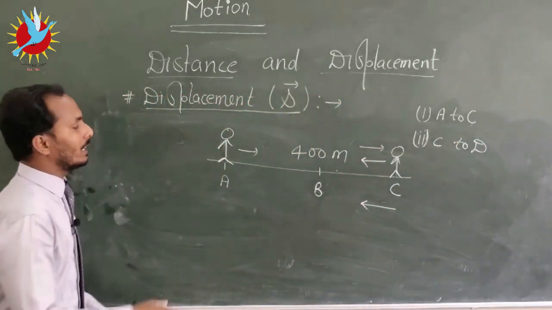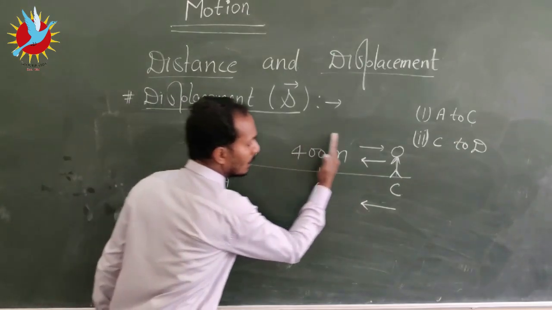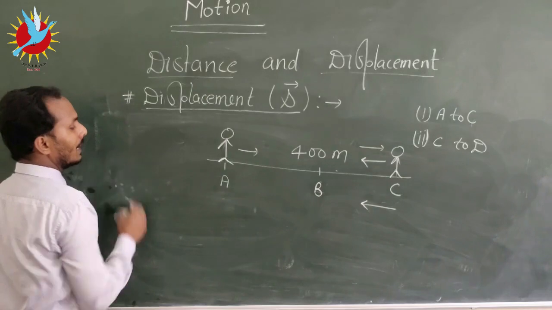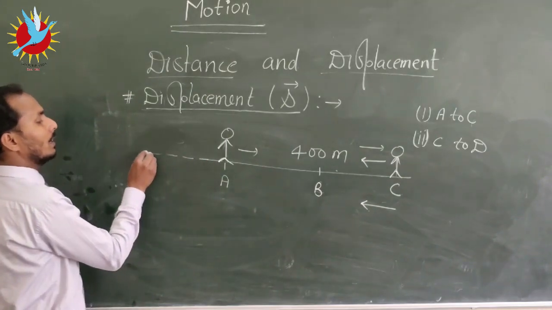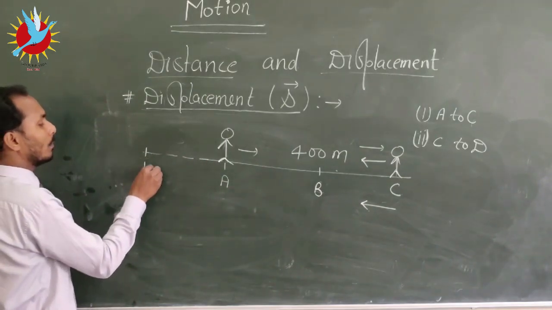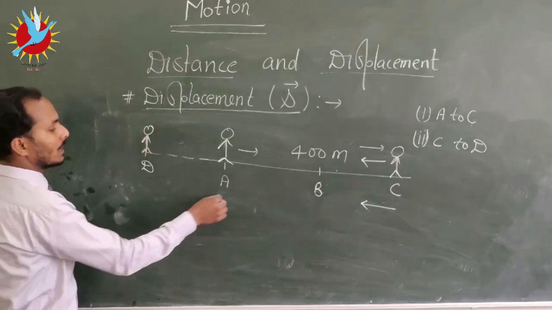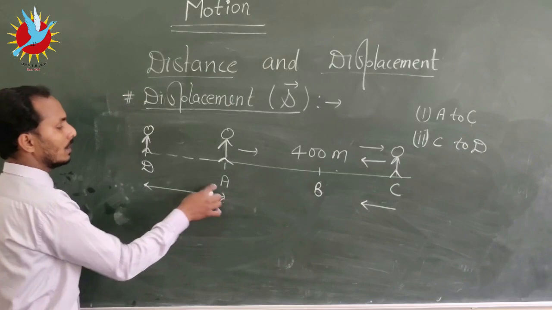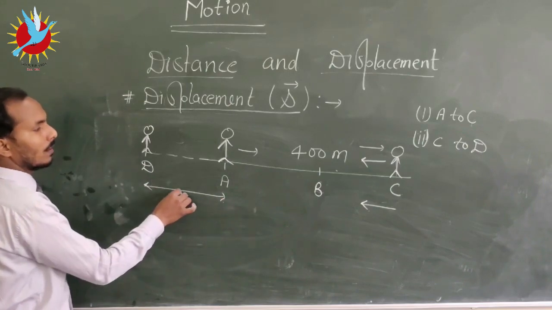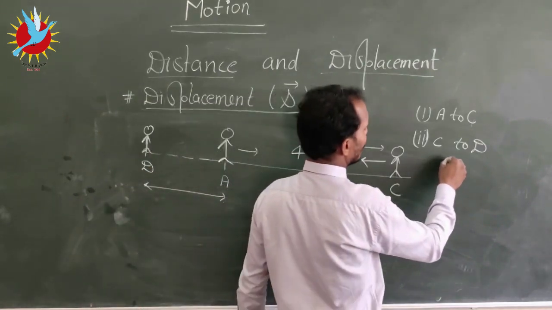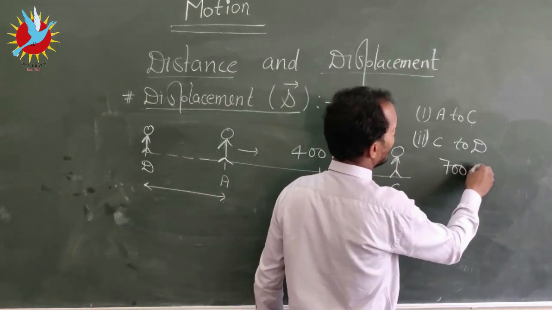Firstly it goes from A to C, then by following the same route it reaches position D. The distance from C to D is 700 meter.